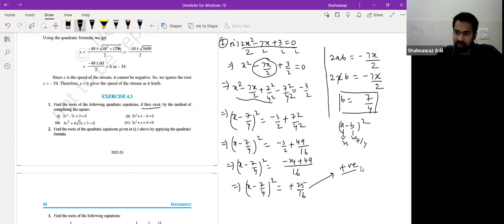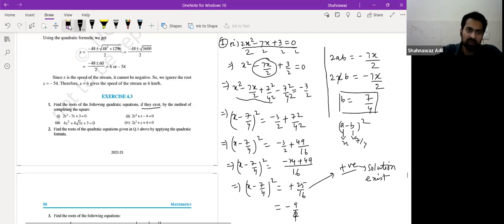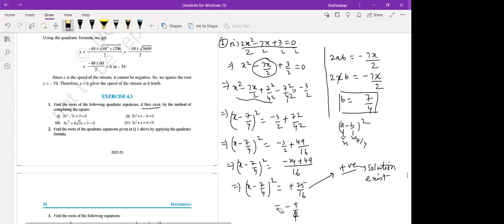This is positive, which means the solution exists. If this comes out to be, let's say, minus 9 by 4, then the root of minus 9 by 4 would be imaginary, so the solution would not exist. Understood, guys?